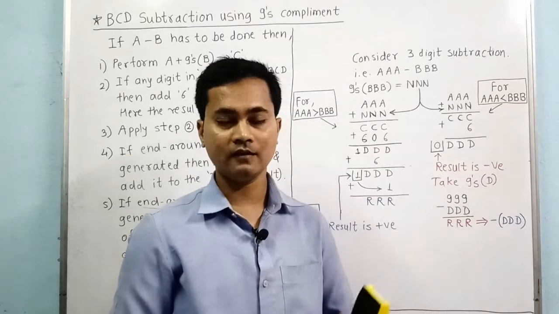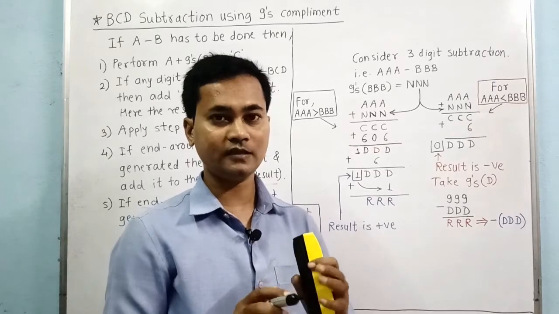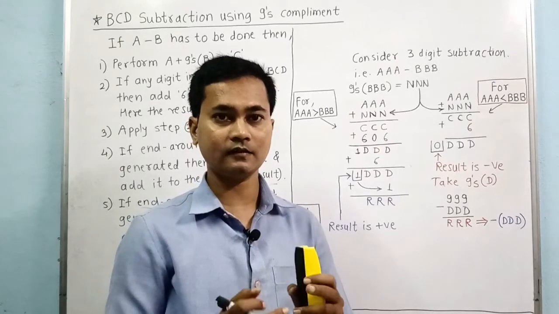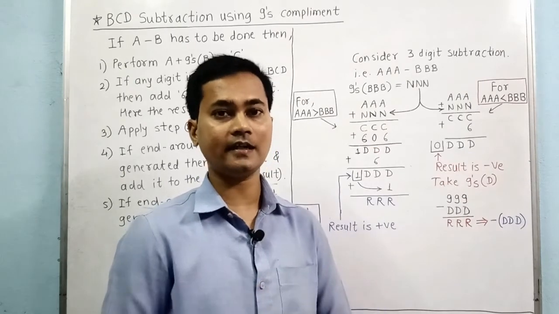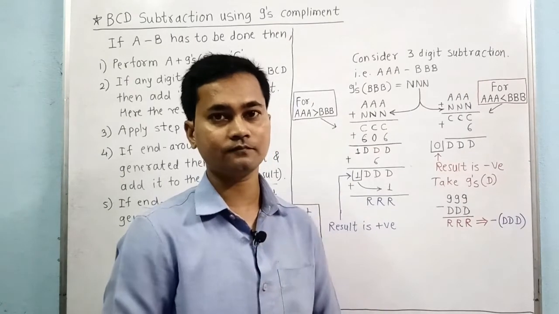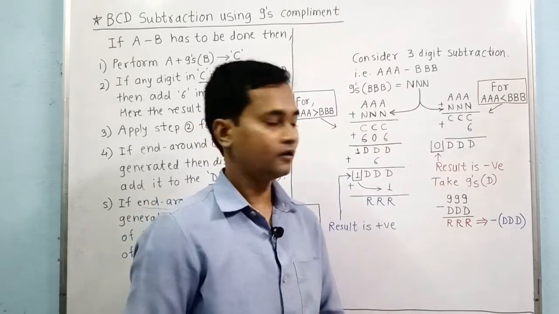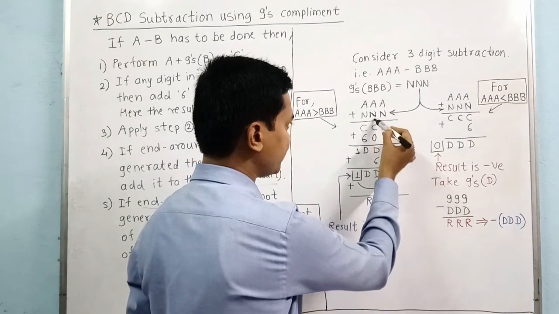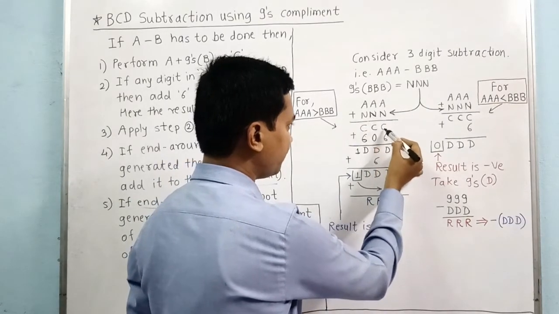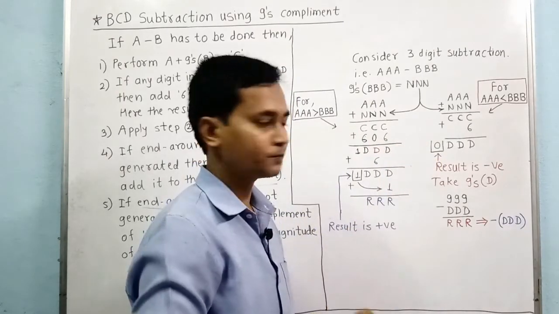Invalid BCD digits means the value is A to F, or a carry is generated from the particular digit. Here the carry may be generated from C to the next digit, or the value of C may be between A and F hexadecimal.